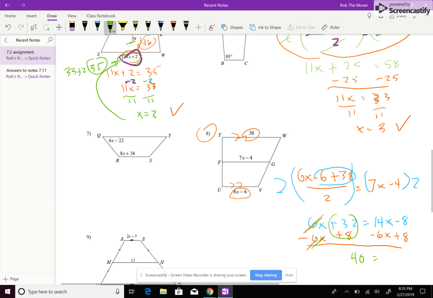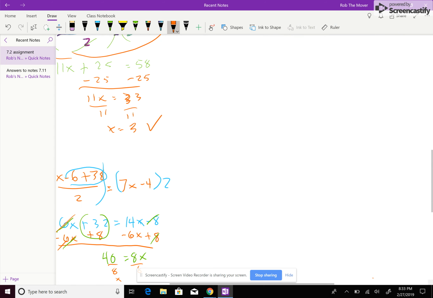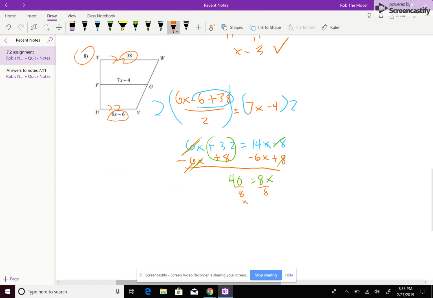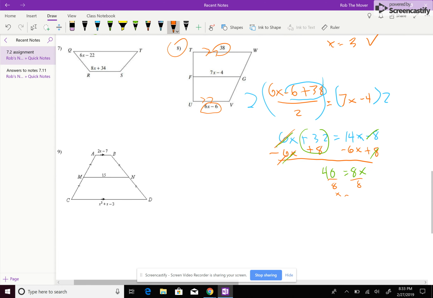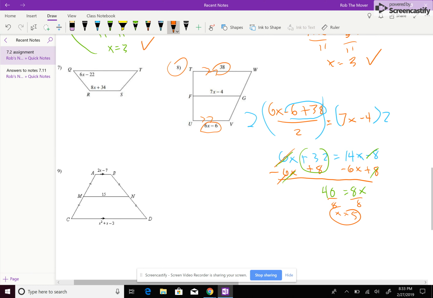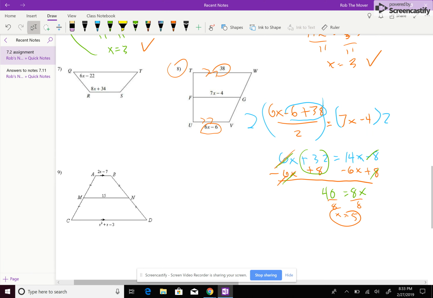And on the right, the 8's cancel, and we get 14x minus 6x, which is 8x. Unrelated to this 8, this is 8. And now we're just going to divide by 8 on both sides and get x equals 5. Okay.